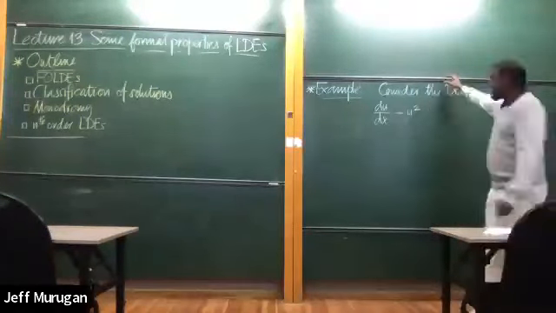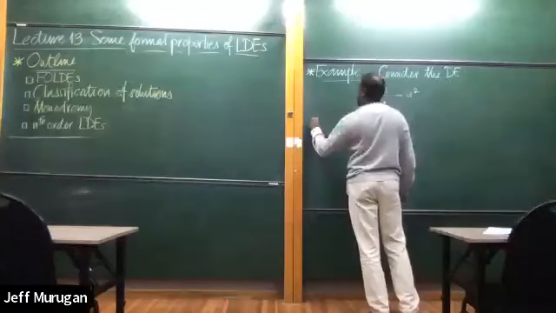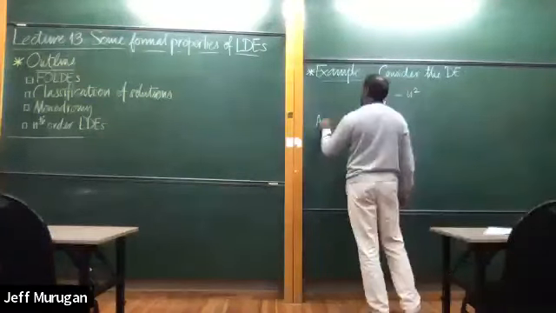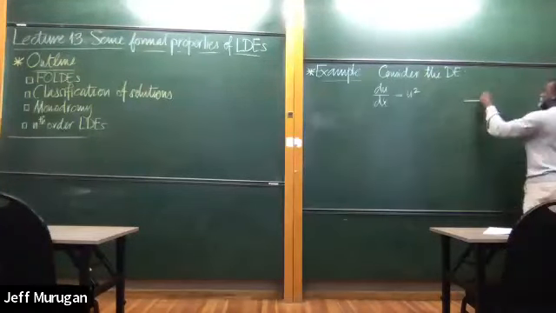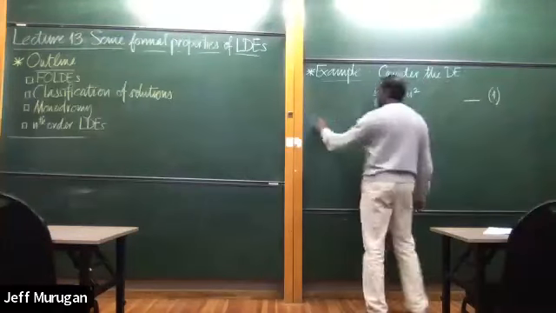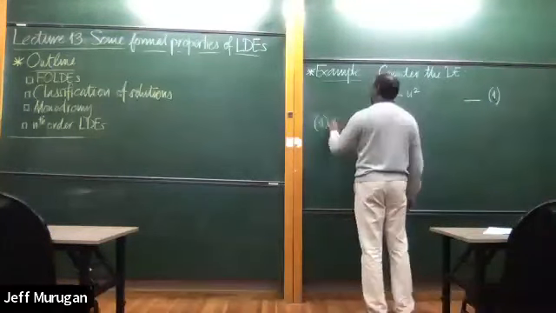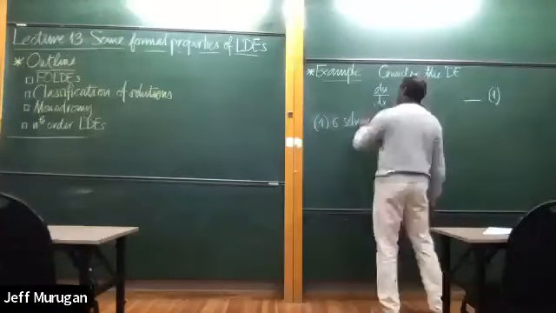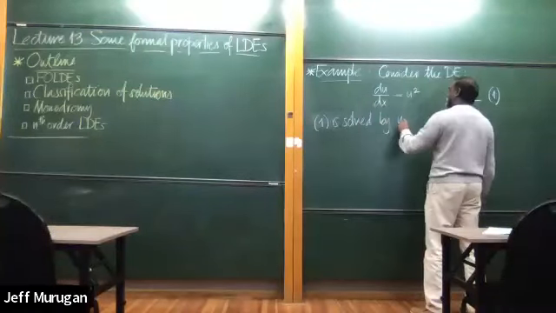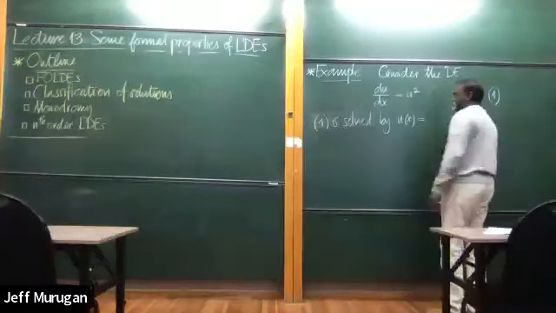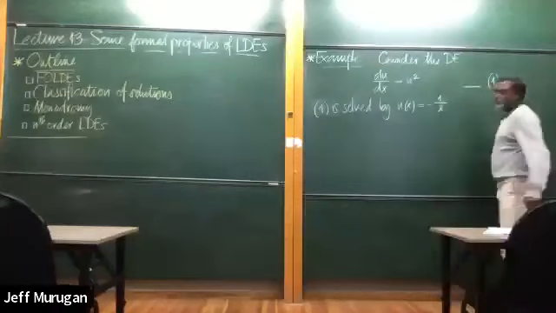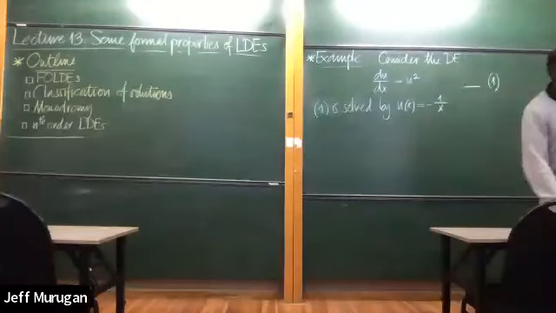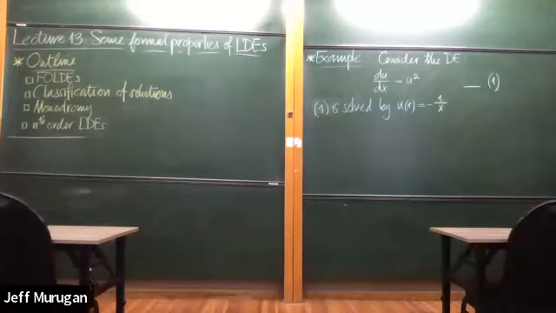In particular, this equation is solved by the function u of x equal to minus 1 over x. And the solution holds for all real x, except x equals 0.